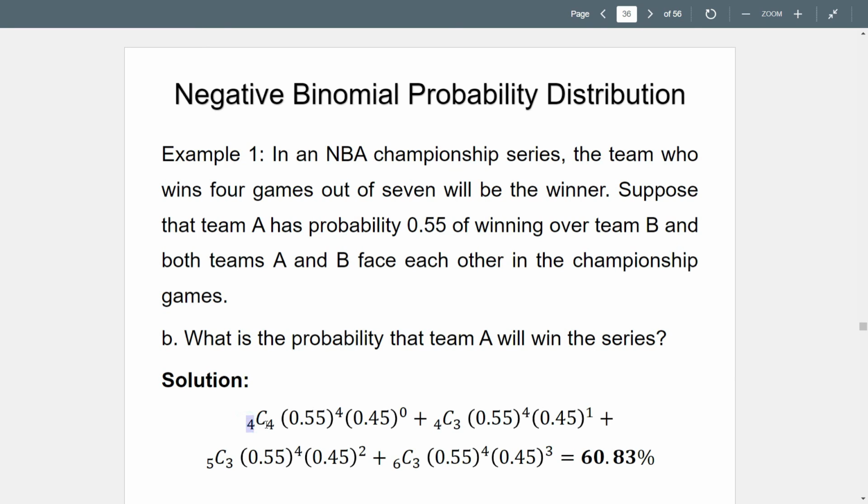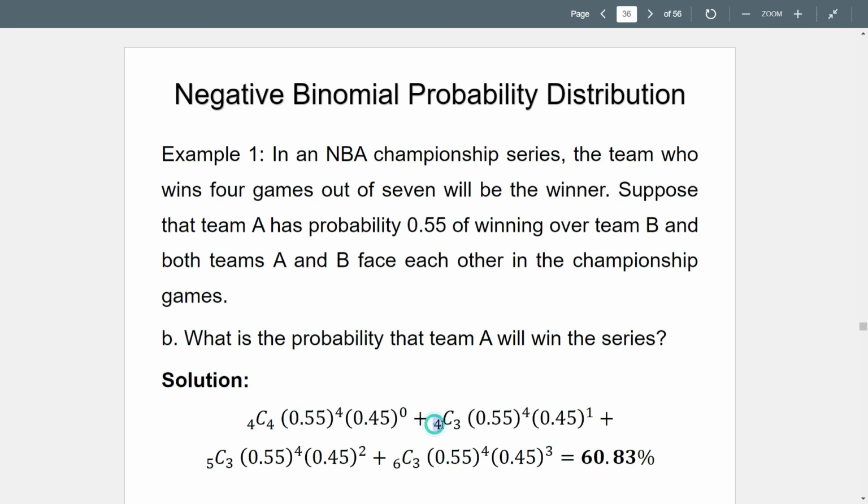And then this will be 4 minus 1. So this should be 3C3. This is the 4th game, 5th game, 6th game, and then the 7th game. So it should be 0.55 to the power 0. So this should be 3C3.